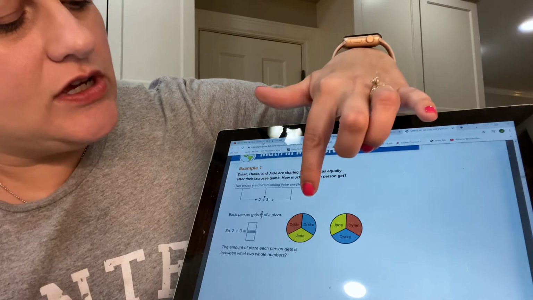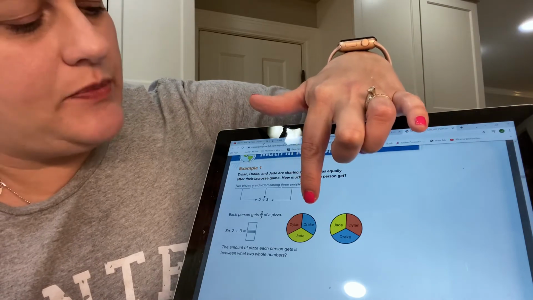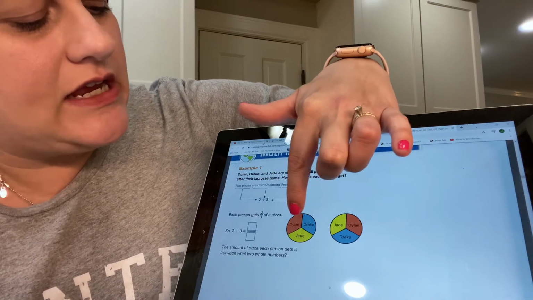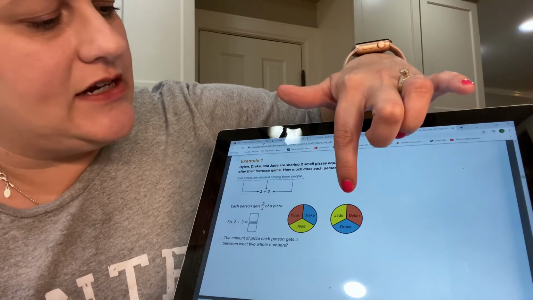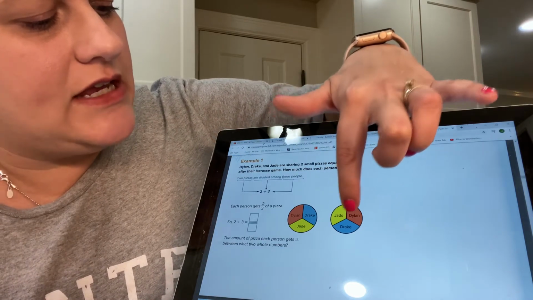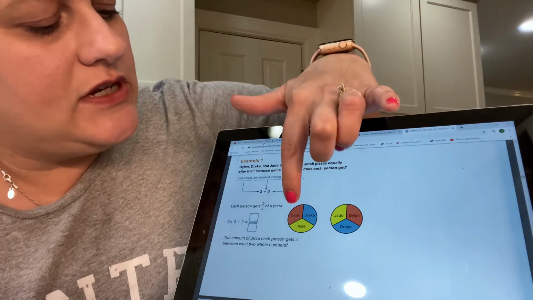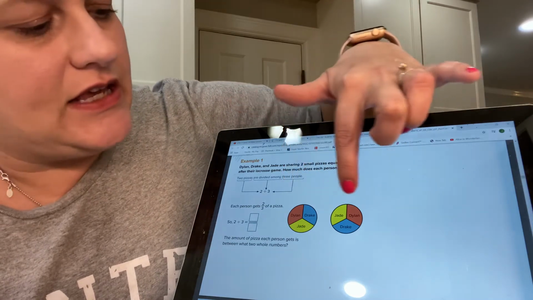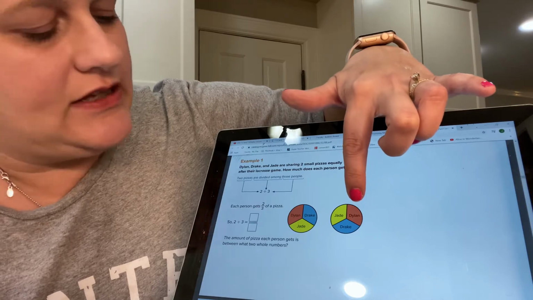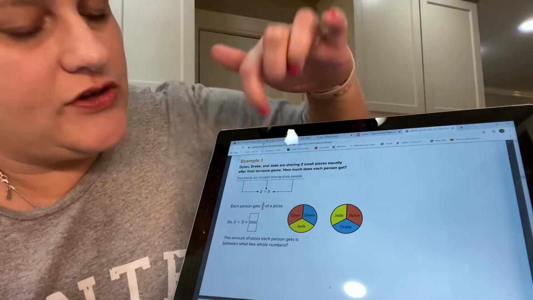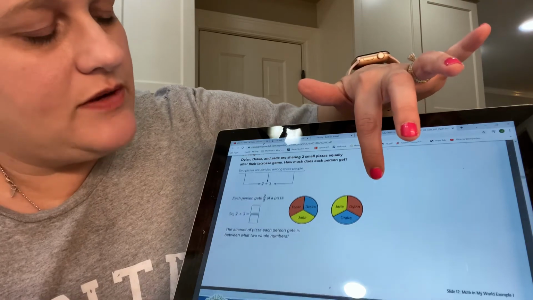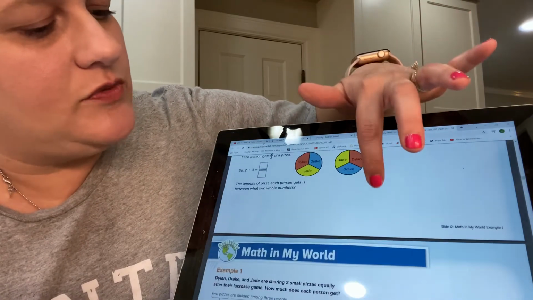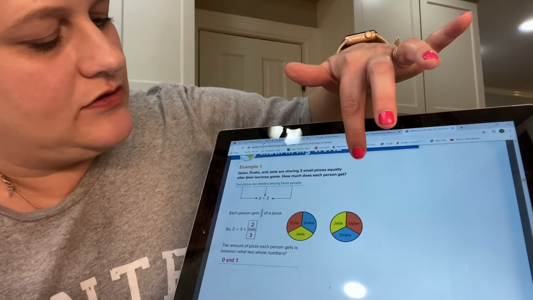You can also see that because if you took this one pizza and you divided it among Drake, Dylan, and Jade, and you took this second pizza and you divided it among Drake, Dylan, and Jade, they would each get 1/3 of this pizza and 1/3 of this pizza, which would be 2/3 of the 2 pizzas. So what amount does each person get? Your answer would be 2/3.